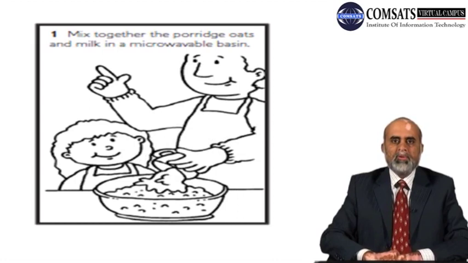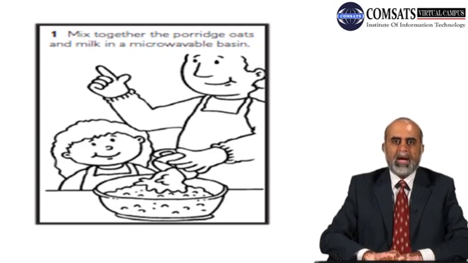Okay, now we move on to the second section of the instructions. In the second section we have the procedure, or the way to make porridge in this particular example. You again have a picture and here you also have number 1. Step number 1 is mix together the porridge oats and milk in a microwavable basin, right?